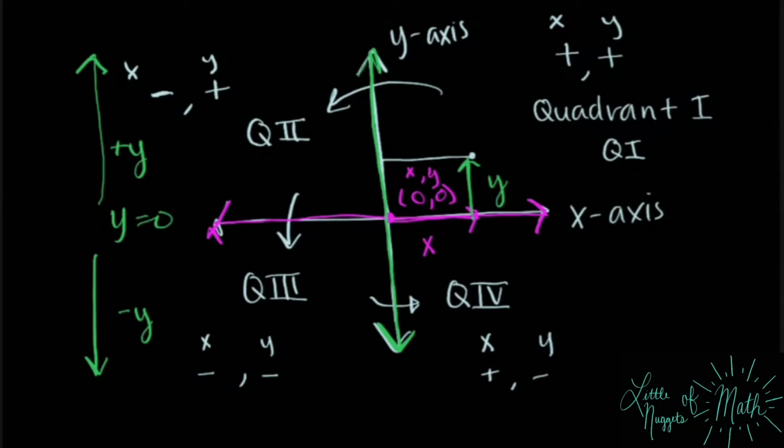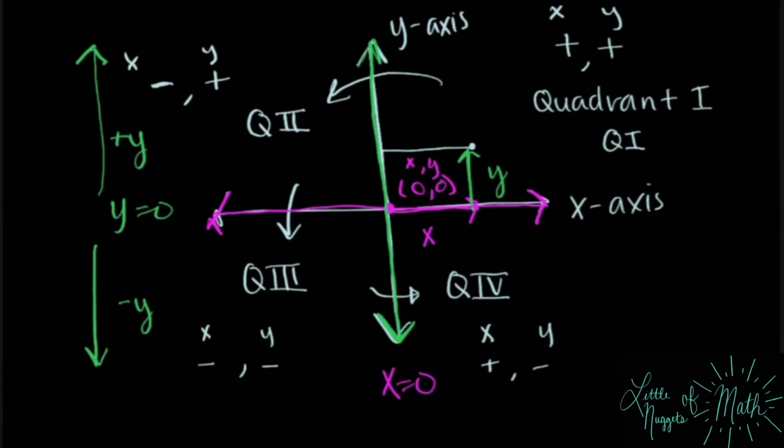And so if we plot a point on the y-axis, we know that our x values will always be equal to 0 because we're not going anywhere left or right. But anything to the right of the y-axis will result in positive x values, and anything to the left of the y-axis will result in negative x values.